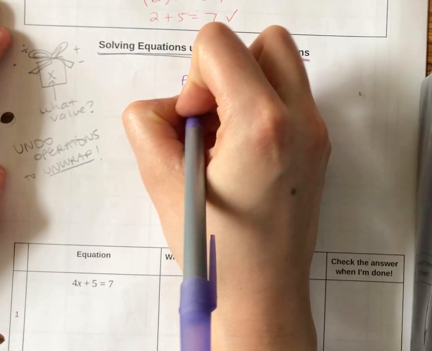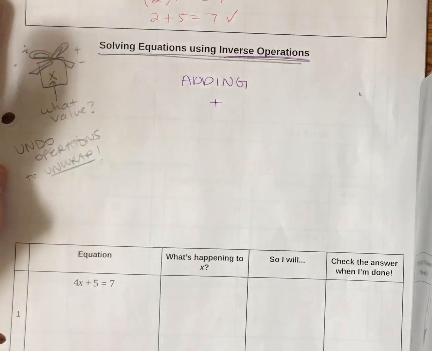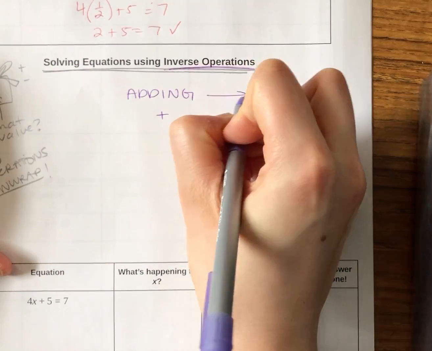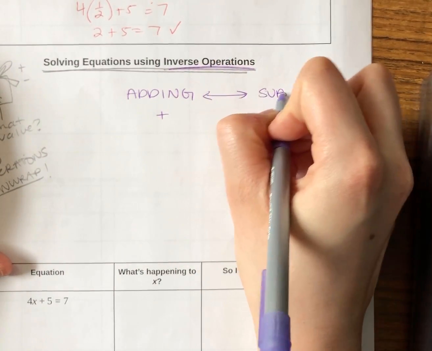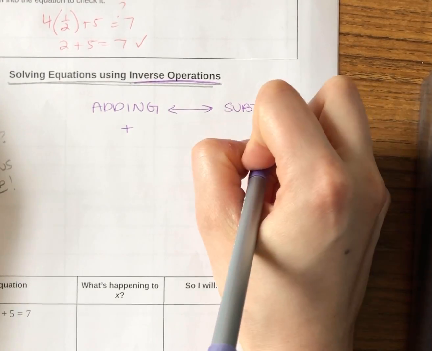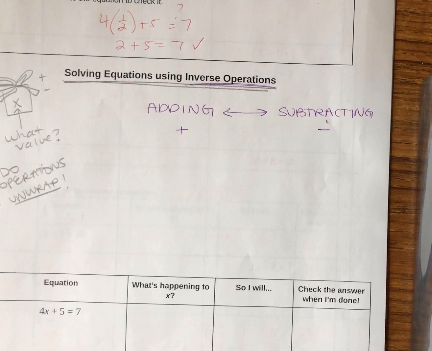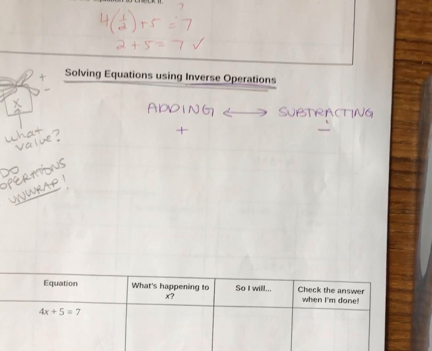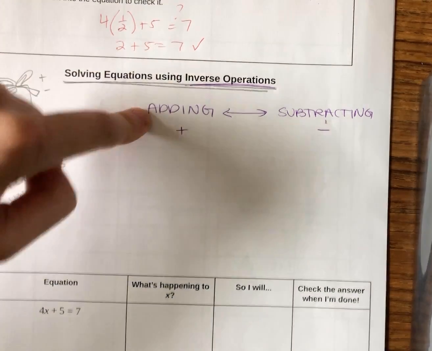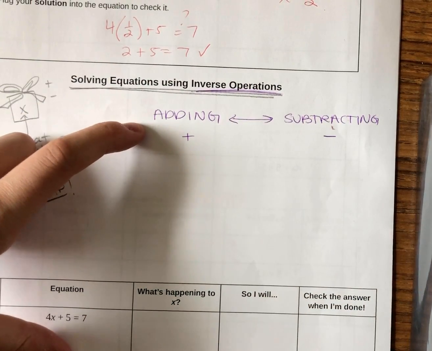Adding is inverse to subtracting. They undo each other. They're kind of the pair that go together. And so anytime we see adding, we're going to undo it with subtracting. And anytime we see subtracting, we're going to undo it with adding.